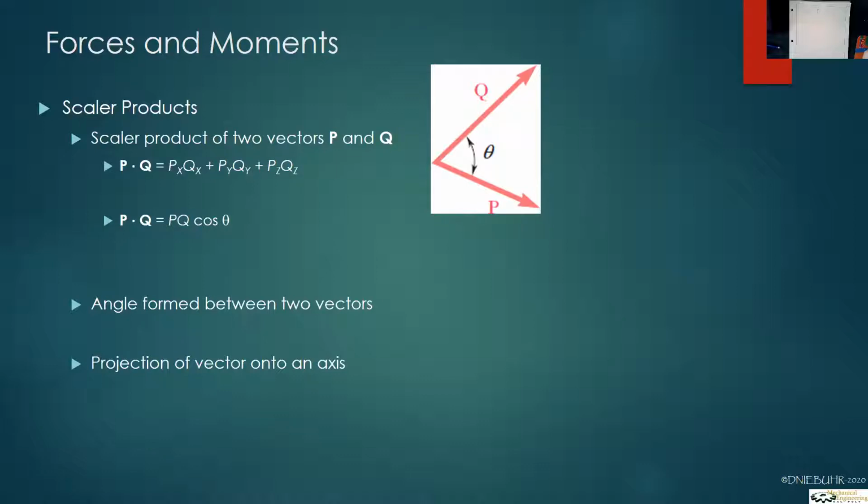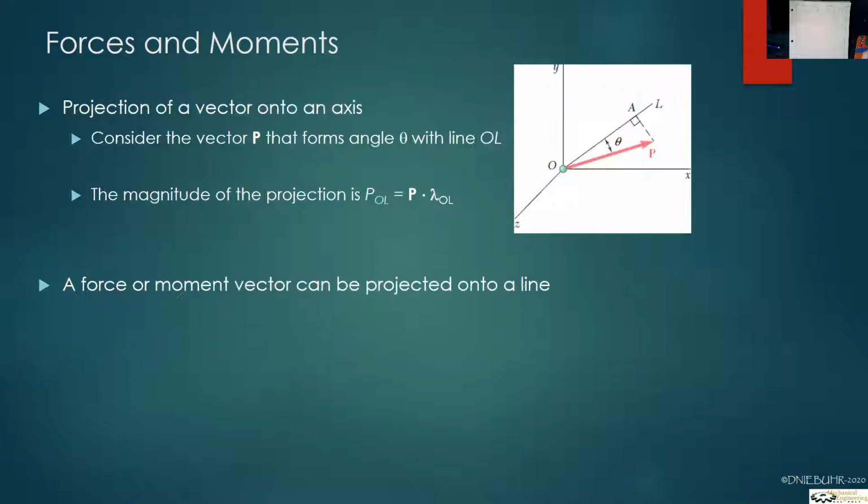Before we do moments about lines, though, I want to present the idea of a force projected onto a line. For example, here we have force P, and if we want to know how much of that force P is projected onto the line OL, that can be calculated simply by taking the dot product of the vector P against the unit vector of the line OL.